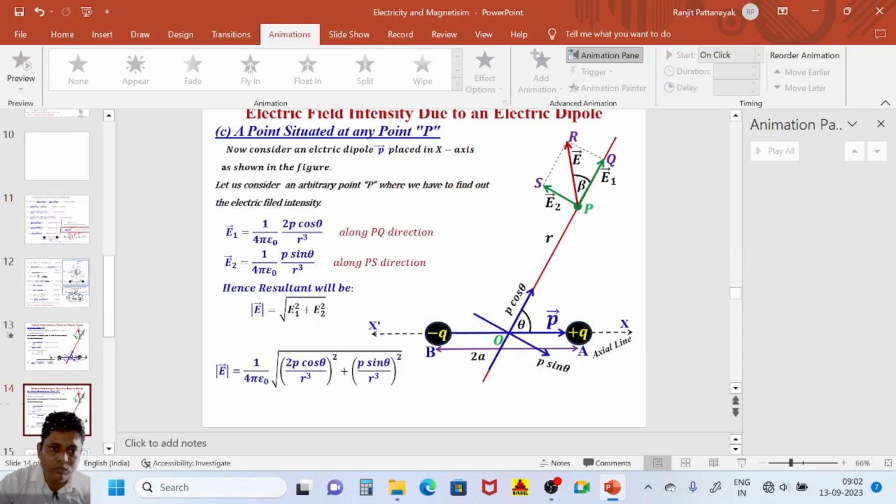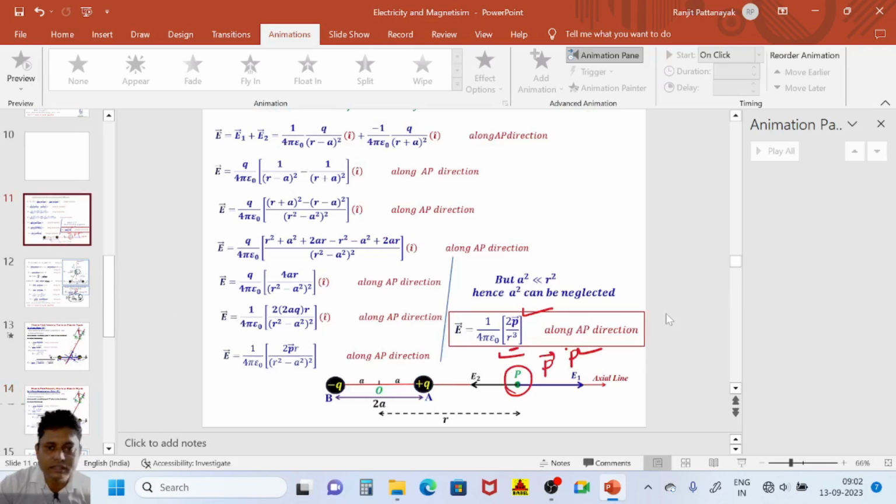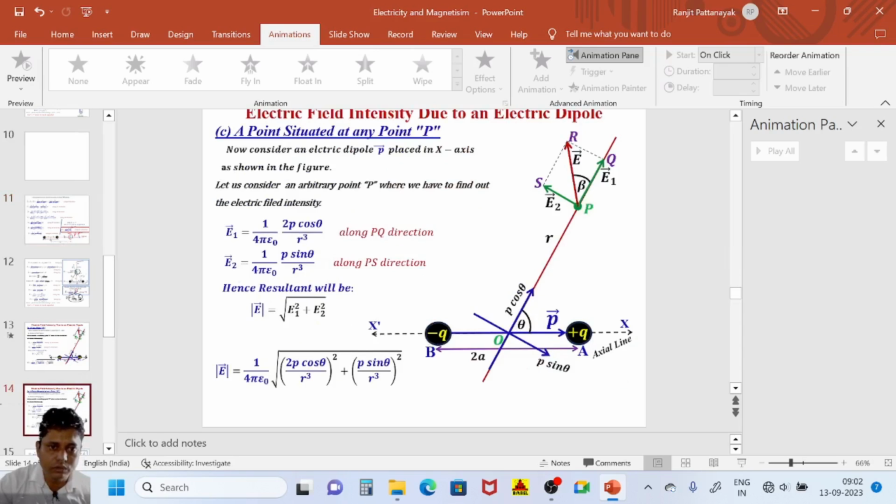So instead of P we write P cos theta, and obviously it will be 2P cos theta by r cubed.